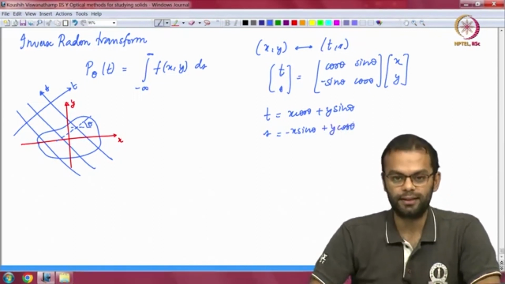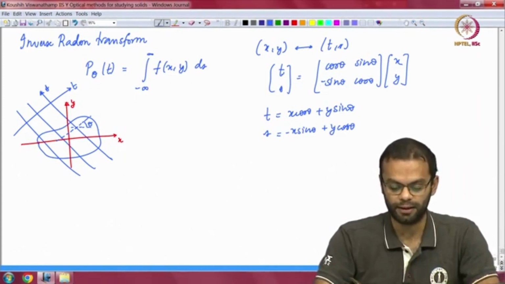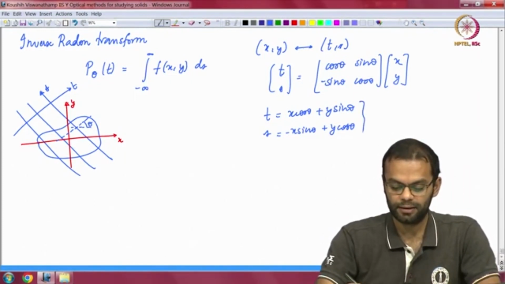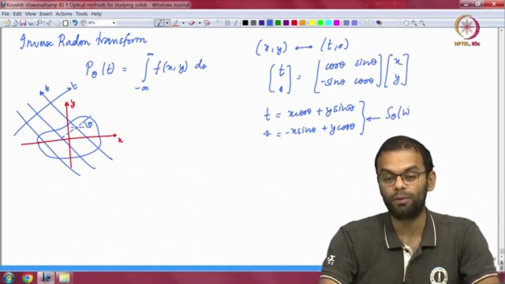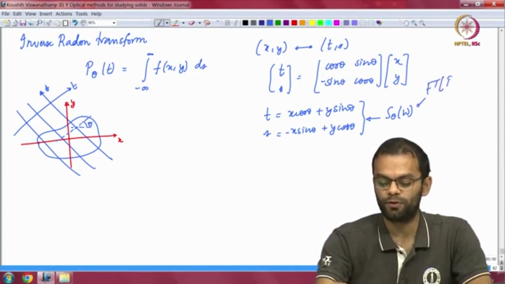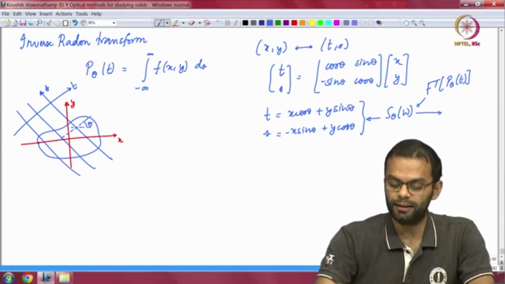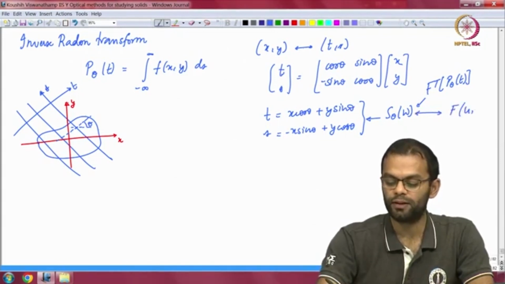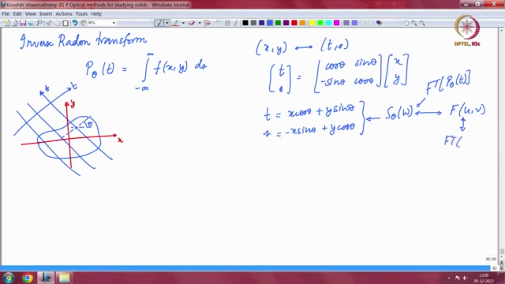So if you have not already seen this, or if you have not figured it out already based on our discussion in the previous session, this is what we will use to relate S theta of w, which is the Fourier transform of p theta of t with respect to the t variable for a fixed theta, right. We will relate this to F of u v, which is the Fourier transform of f, small f, the function we want to determine.